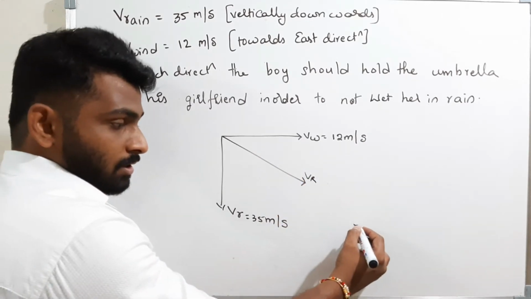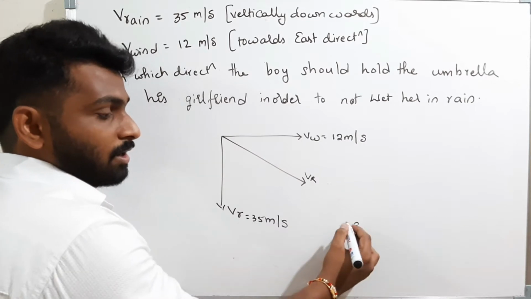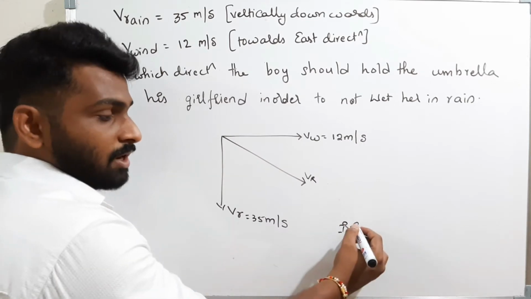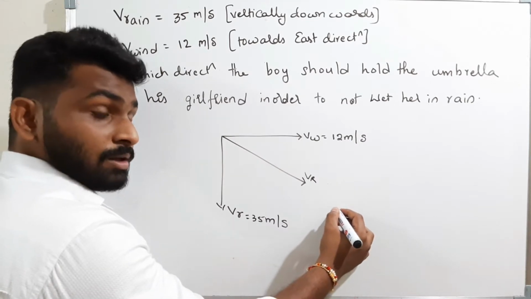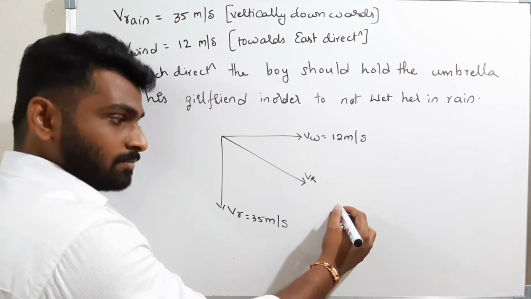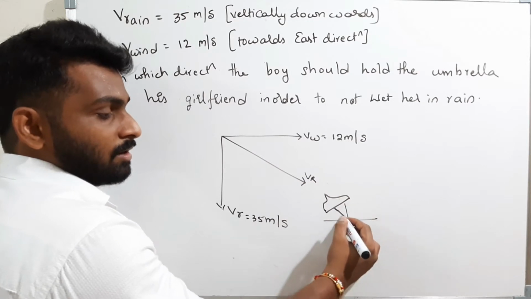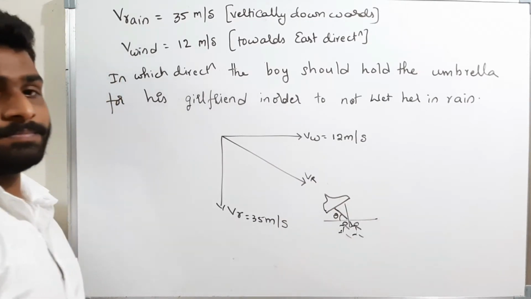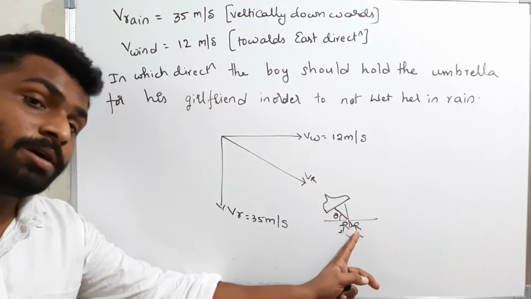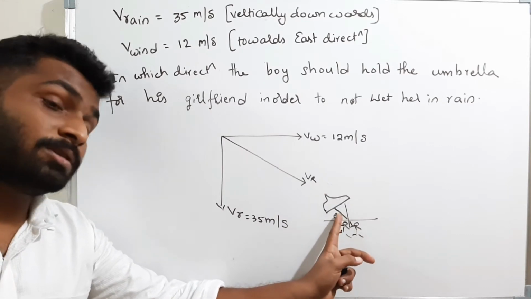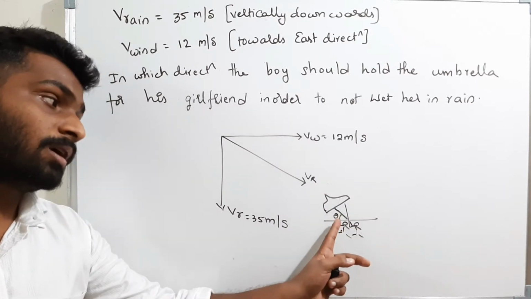Now, he is the boy and she is the girl. In which direction should you hold the umbrella in order not to wet her? The boy is holding the umbrella at an angle theta with the horizontal. Now we have to find that theta value.